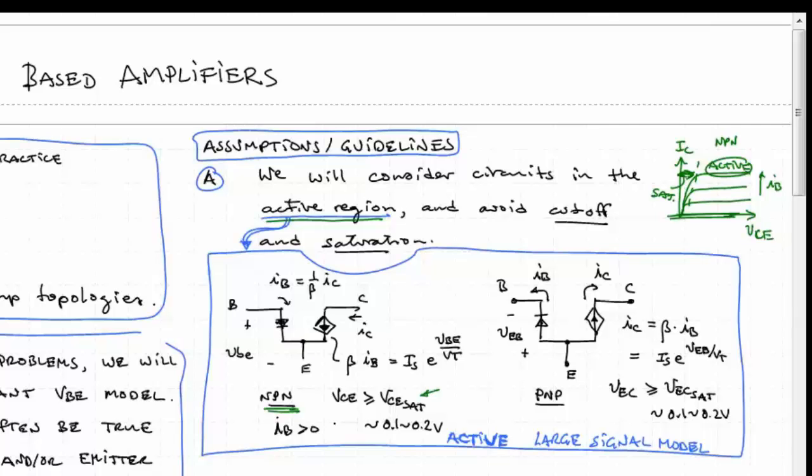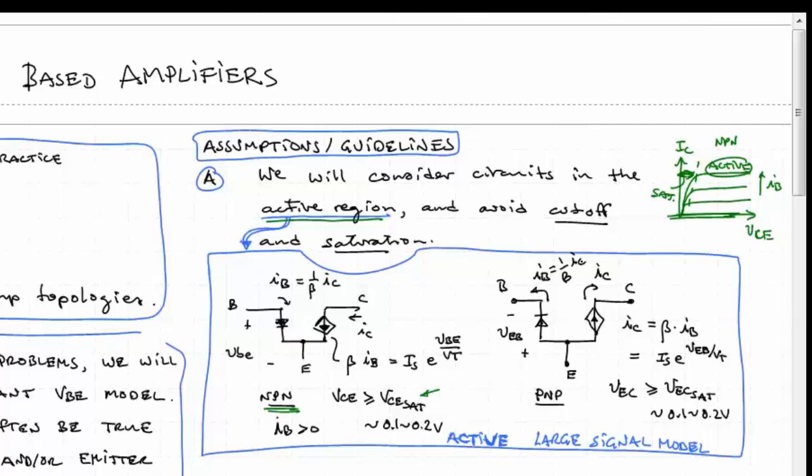We'd have the base current is 1 over beta times the collector current, and we'd have the collector current being equal to beta times the base current, and also the scaling current times the exponential VEB, now not VBE, but VEB over the thermal voltage. Of course, VEB will be positive here.